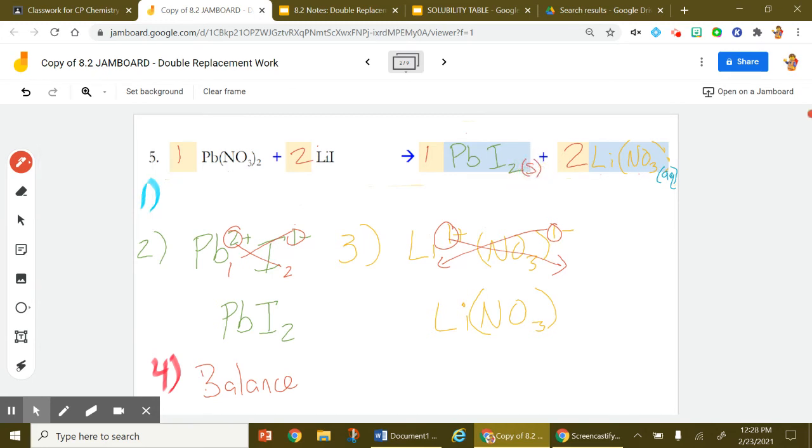So this reaction occurs. Again, it doesn't matter that lithium nitrate does not form a solid, that it stays dissolved in water. You just need one of your products to form a solid, precipitate, a liquid, or a gas.